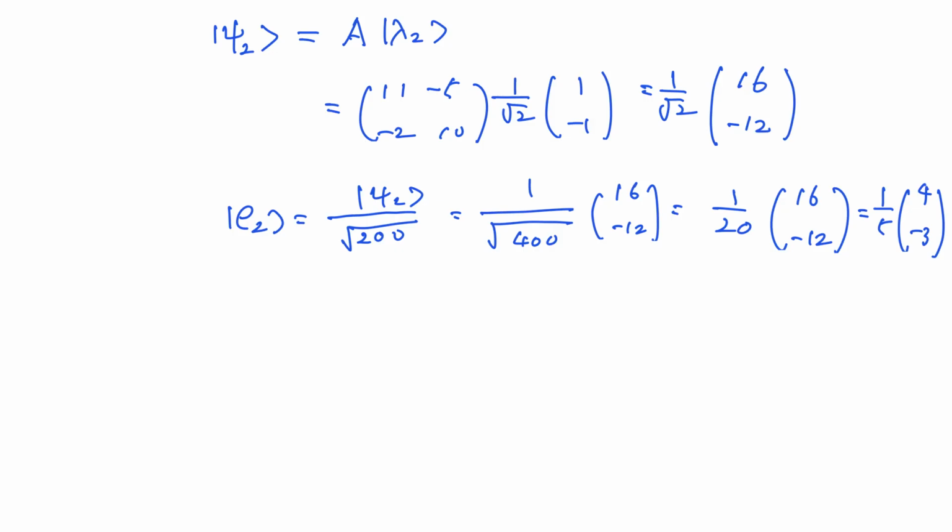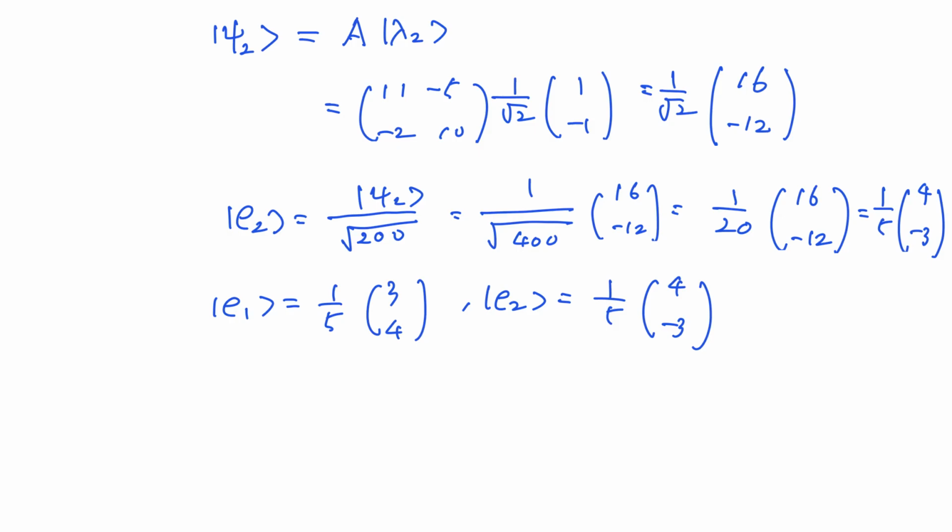So let me check. We have e_1 equals 1 over 5 times (3, 4), and e_2 equals 1 over 5 times (4, -3).